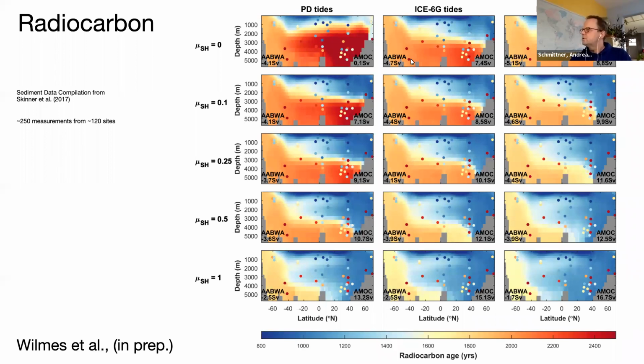But also those shallow, weak AMOCs, they have old deep water in the North Atlantic. And the strong and deep AMOCs, they have young water filling the entire Atlantic, essentially, down here in the lower right.